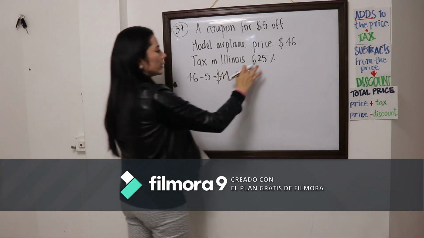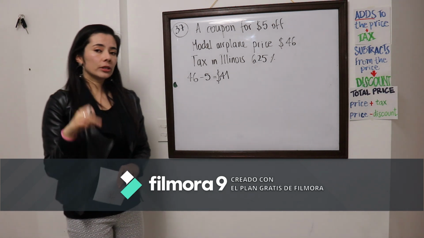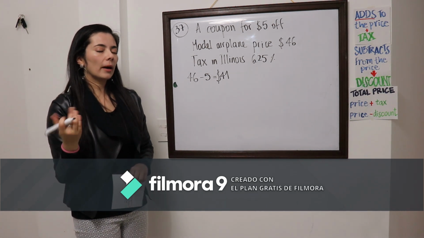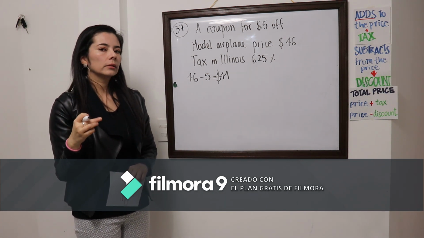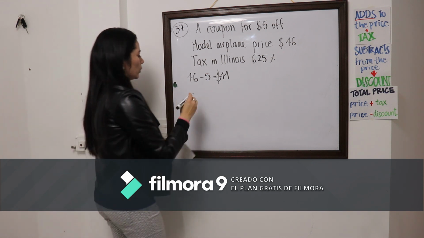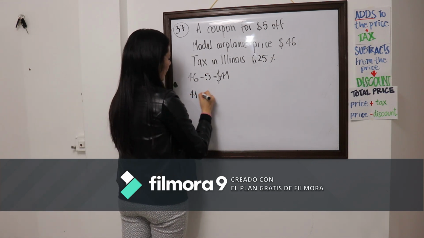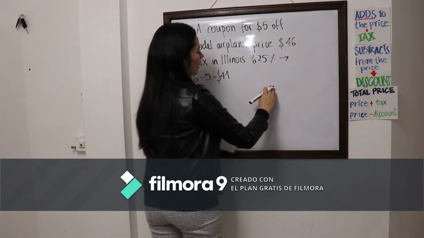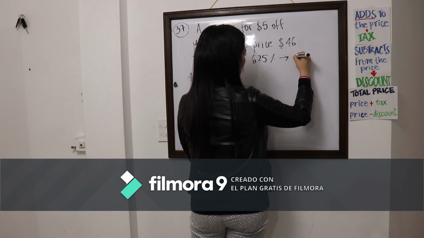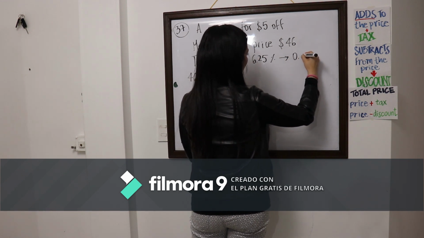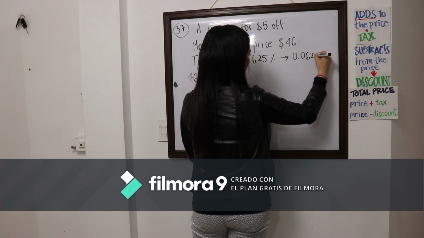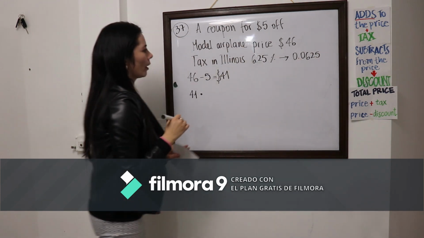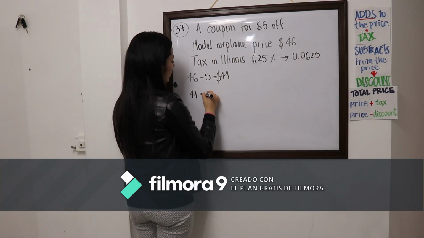So what I can do, since it is a percent, and we probably know by now it's way too easy to do, this is what I'm gonna do. I'm gonna take 41. This is a different process, guys. I'm going to convert this tax percent into decimal. So that is 0.0625. And I'm just going to multiply it.